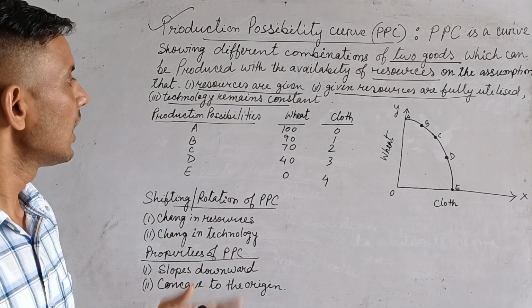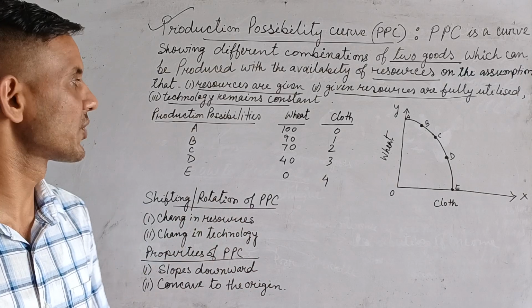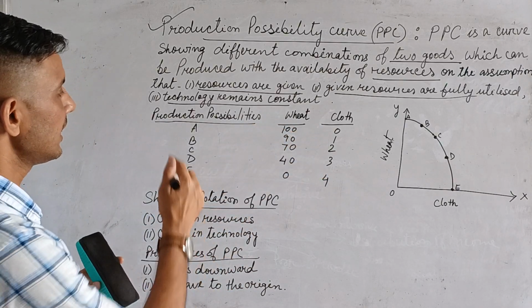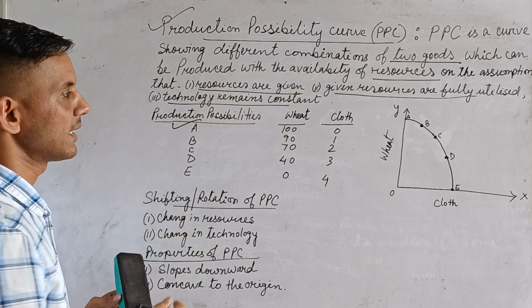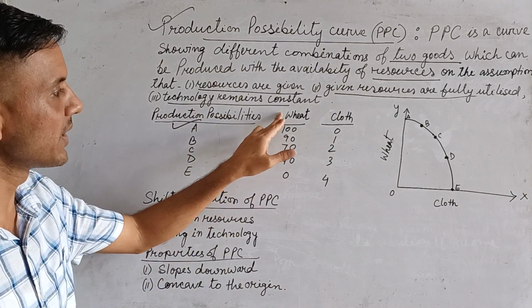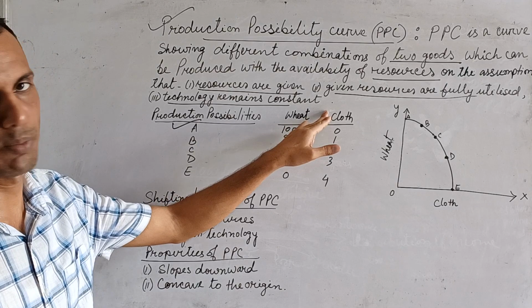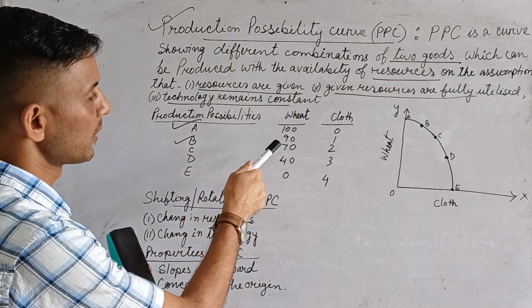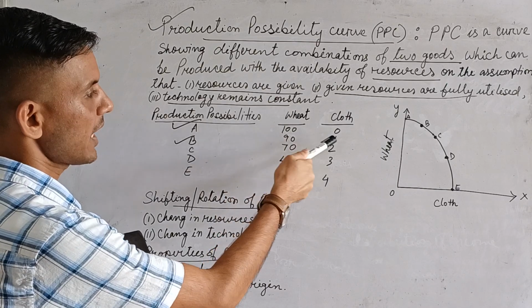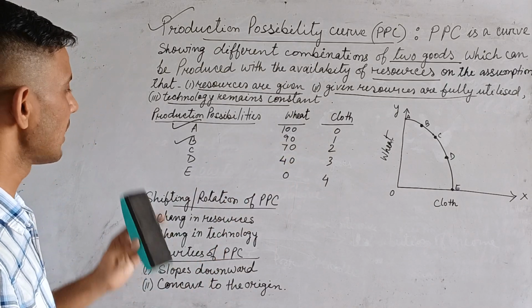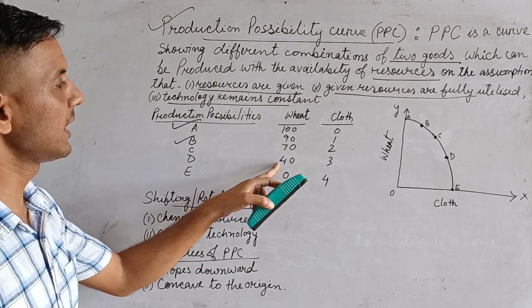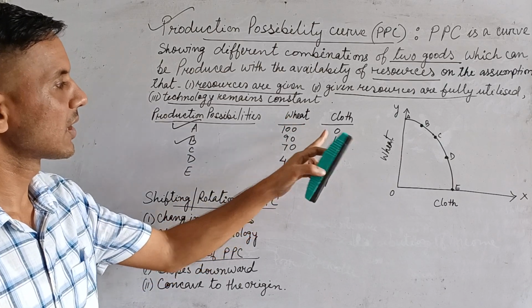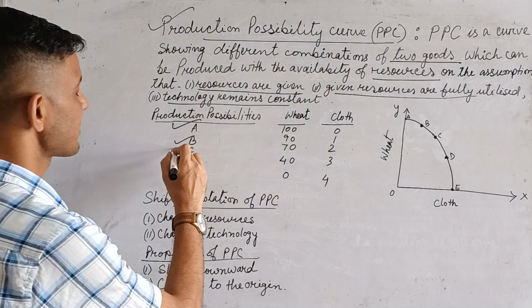With limited resources, suppose you want to produce wheat and cloth. If you choose A, then you can produce 100 wheat and 0 cloth. In combination B, you can produce 90 wheat and 1 cloth. In D, 40 wheat and 3 cloths. So these are the possibilities.